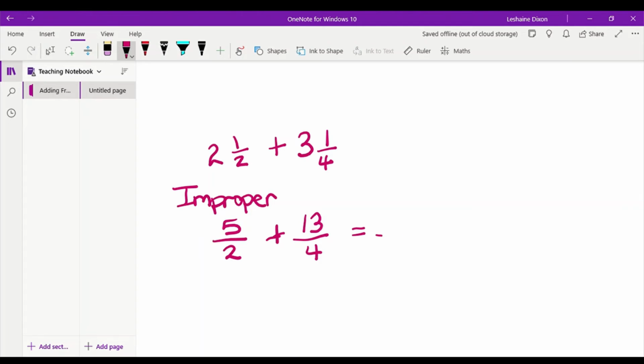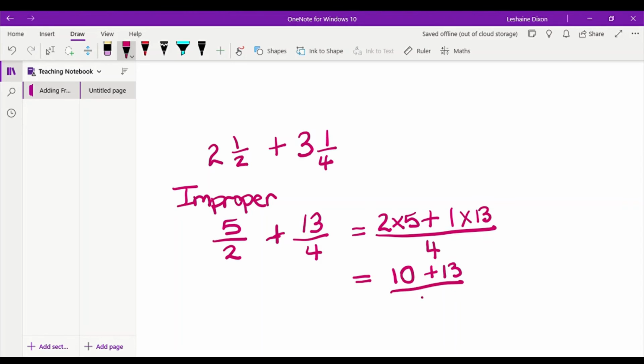So therefore we draw a line. 2 into 4 can go twice, plus 4 into 4 can go once, therefore we'll be left with 10 plus 13 over 4.